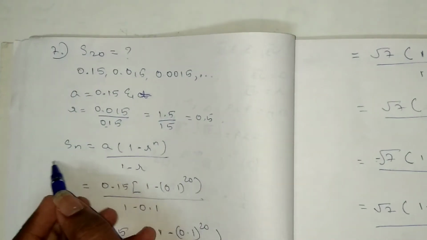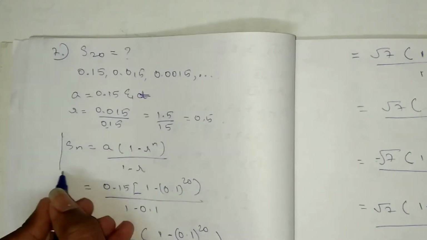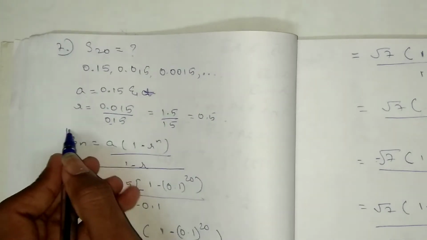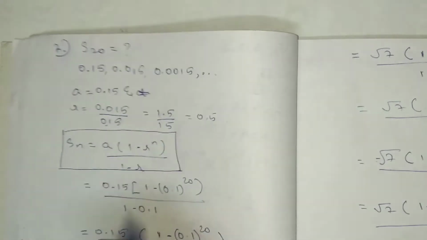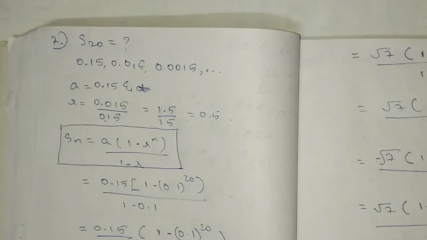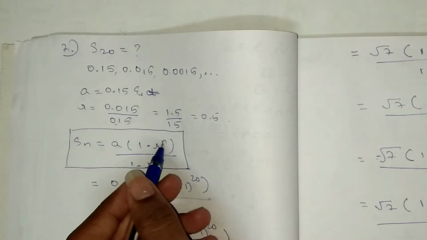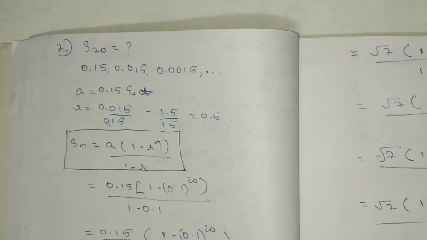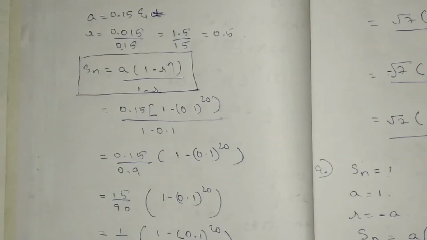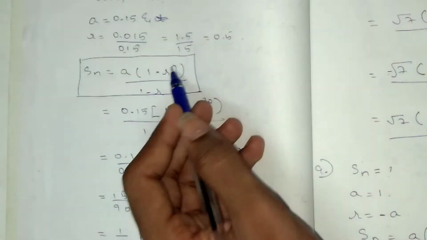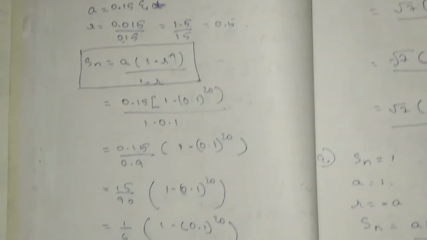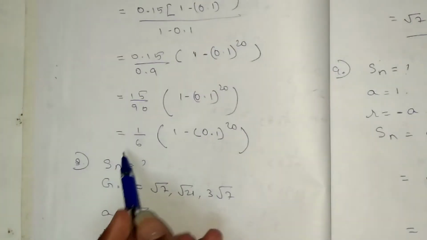After finding that, this is the formula for summation of a GP. Kindly note it down and learn it by heart. You have to substitute the value for a and r in this formula, and you should also substitute the value for n, which is 20, and after that you would get the value which is similar to this one.